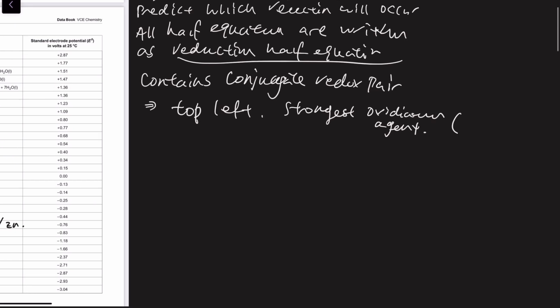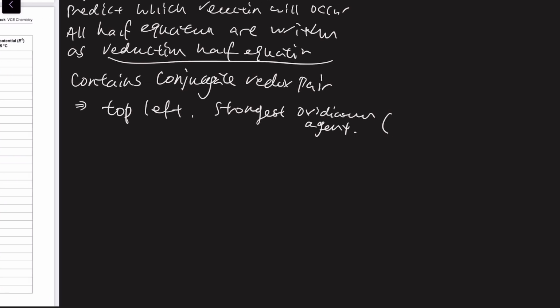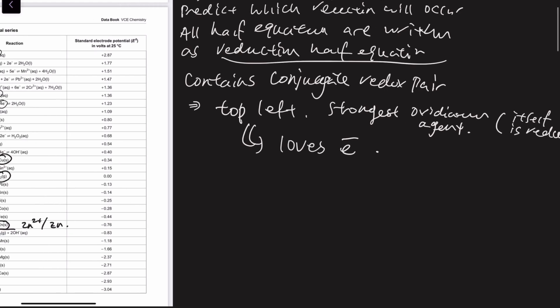Remember, an oxidation agent causes other species to undergo oxidation, so itself is reduced. So I would call this something that loves electrons. It really wants to undergo reduction.